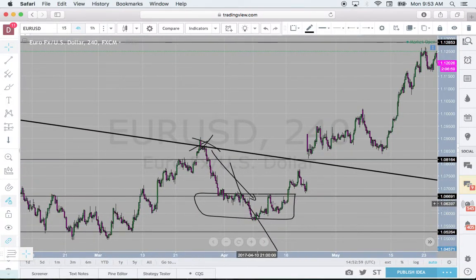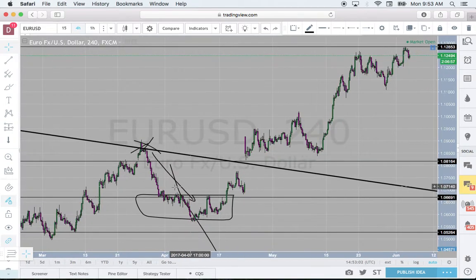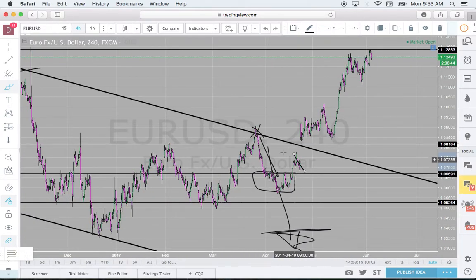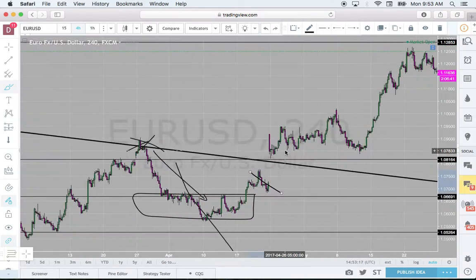Then the market consolidates for a few days, lets retail traders sell, then closes out the week right here under that trend line in the main trend, right? What happens then? The market maker, the dealer, then gaps up 200 pips, I believe, and jumps a lot of stop losses here.